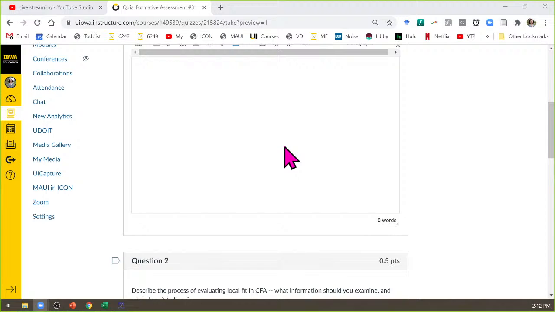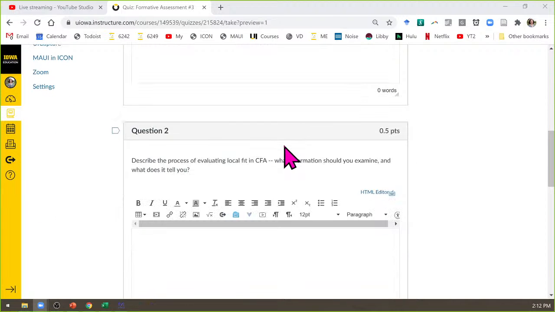All right, move on. Local fit. So most of you pointed out that we should be looking at normalized residuals, but not a lot of you said what those are. So the idea of local fit is taking a deep dive into the model predicted covariance matrix and how it compares to the data covariance matrix, and the difference, the discrepancy of each of those possible covariances is what the local fit is looking at.